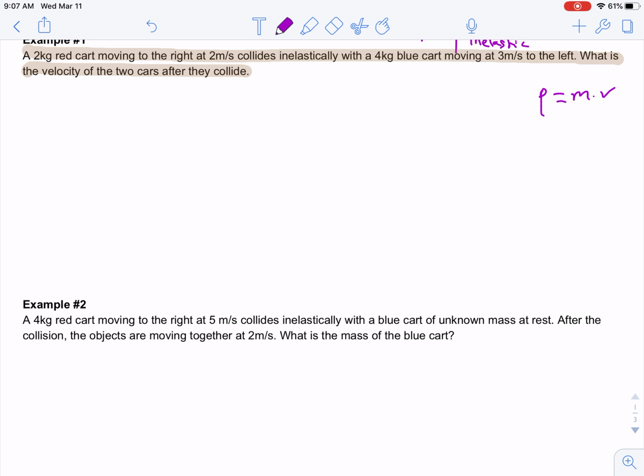And I'm going to analyze this for some special things. The red car is moving to the right at 2 meters per second. So I know that this is going to be a positive velocity, and the red car is going to have a positive momentum. And it collides inelastically, so I know that the two cars are going to stick together.